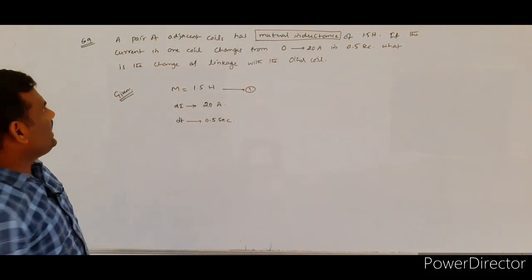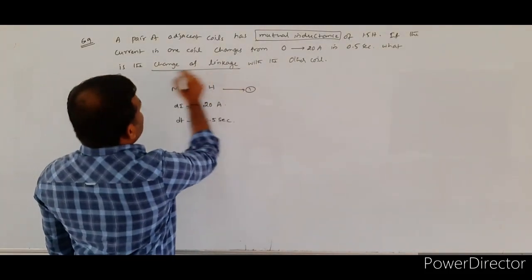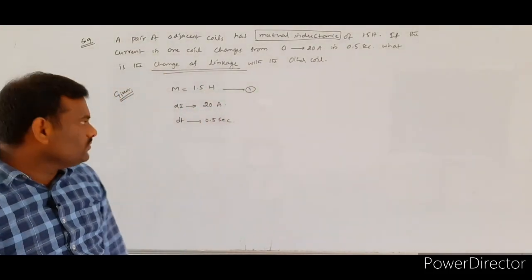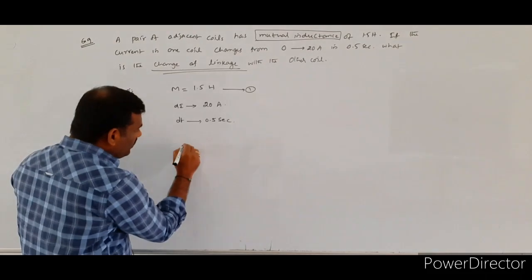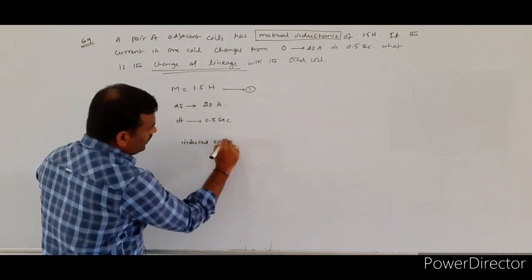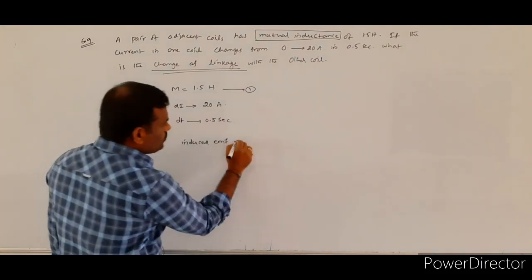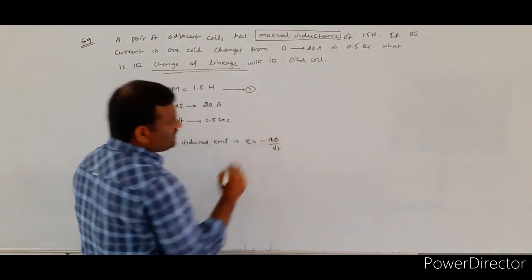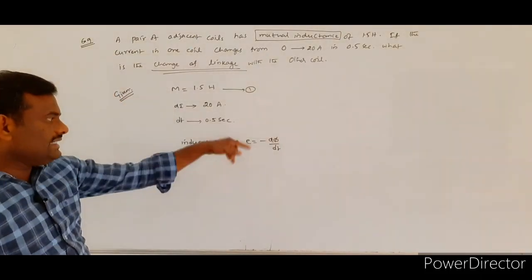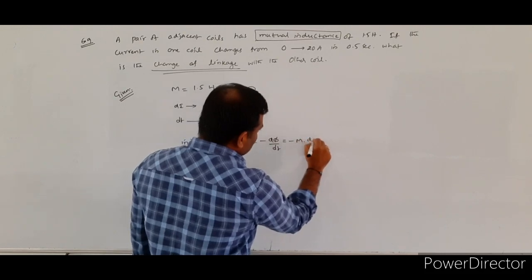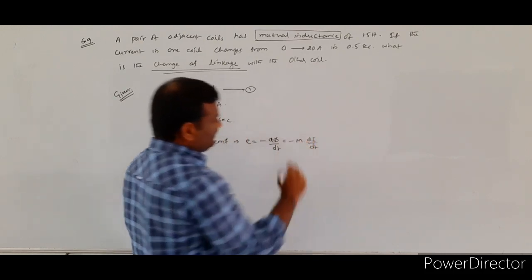Now, what are they asking? They are asking for the change in flux. We know that induced EMF, small e, is equal to minus d phi by dt, and this value is equal to minus M into di by dt.